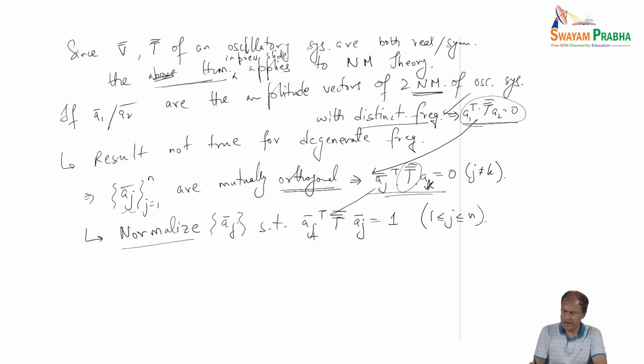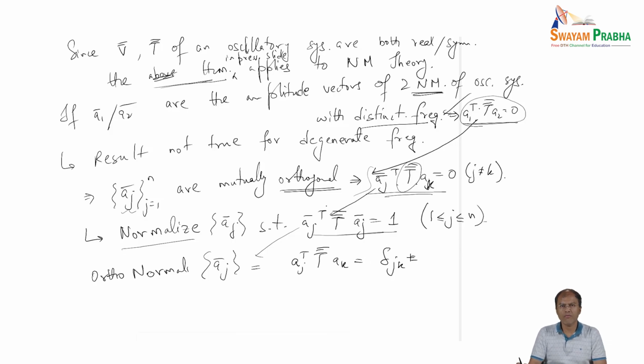We can club both results in the following statement: if we have orthonormal modes Aj, then they satisfy Aj transpose T Ak equals delta jk.